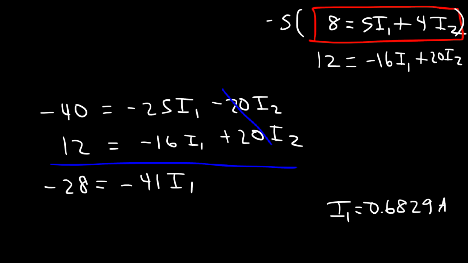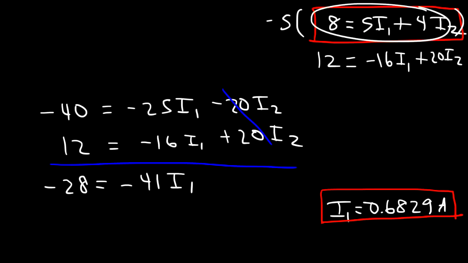amps. Now let's calculate I2. So I'm going to use this formula before I multiply it by negative 5. So 8 is equal to 5 times I1, and I1 is 0.6829, and then plus 4 times I2.